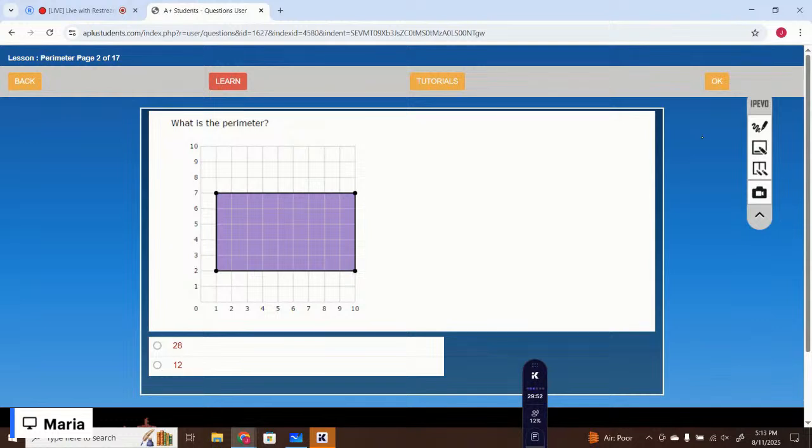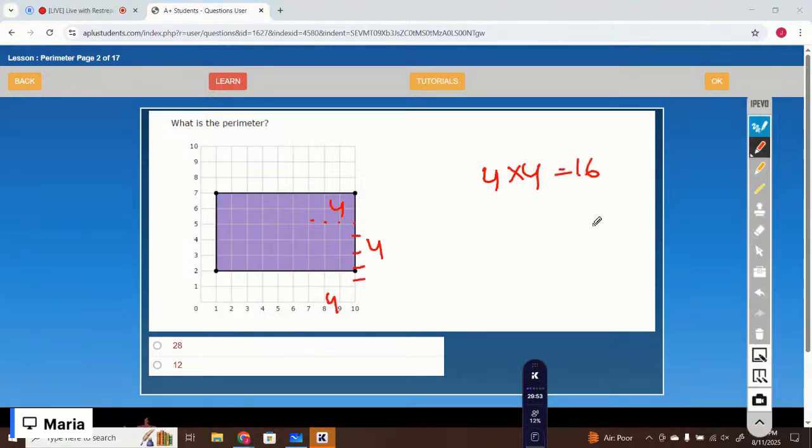What is the perimeter? 1, 2, 3, 4, 5, 6, 7, 8, 9. 1, 2, 3, 4, 5. So we need to calculate perimeter, not area.